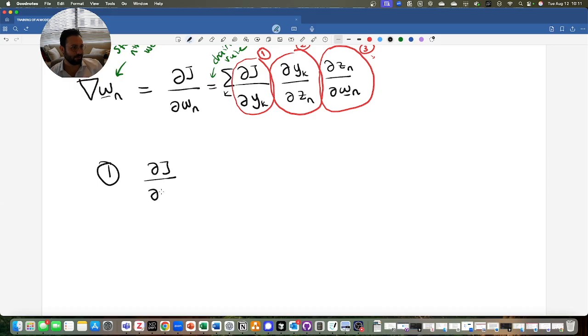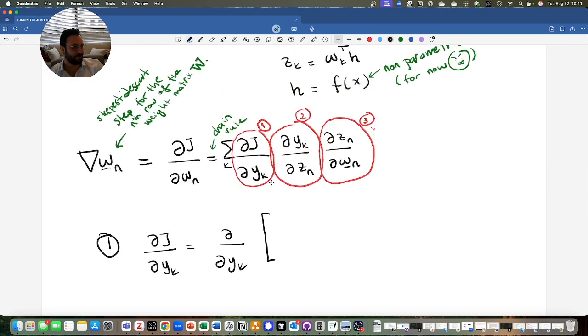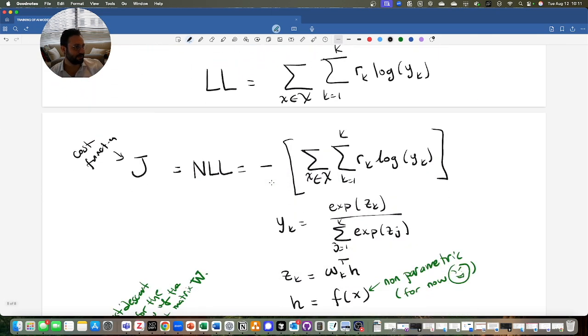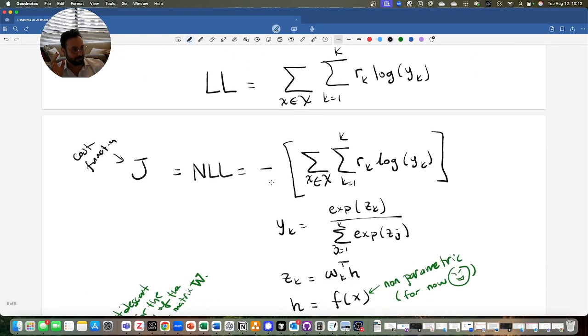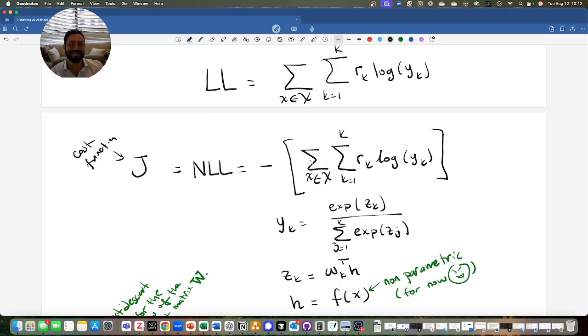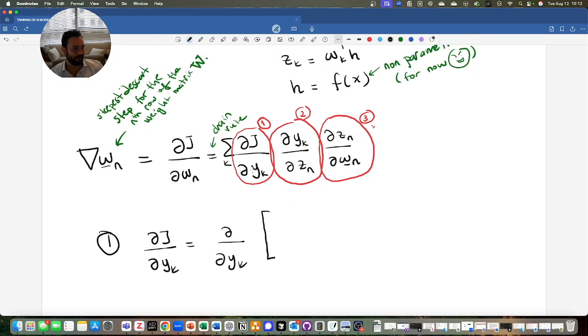dj over dyk, which is d over dyk. Let's write what my j was, summation of all of the x's. The summation over all of the x's exists everywhere, so I'm not going to keep using it. I have k equals 1 to K of rk log yk. That's it.